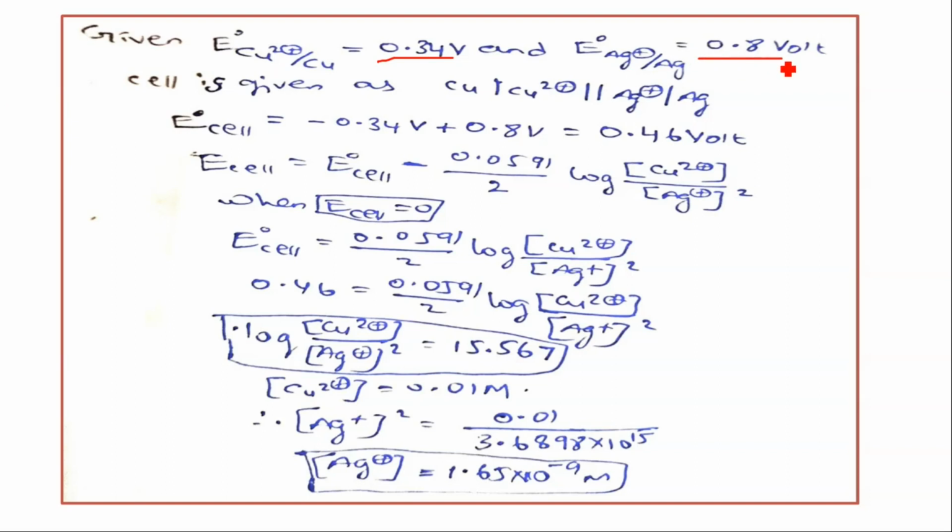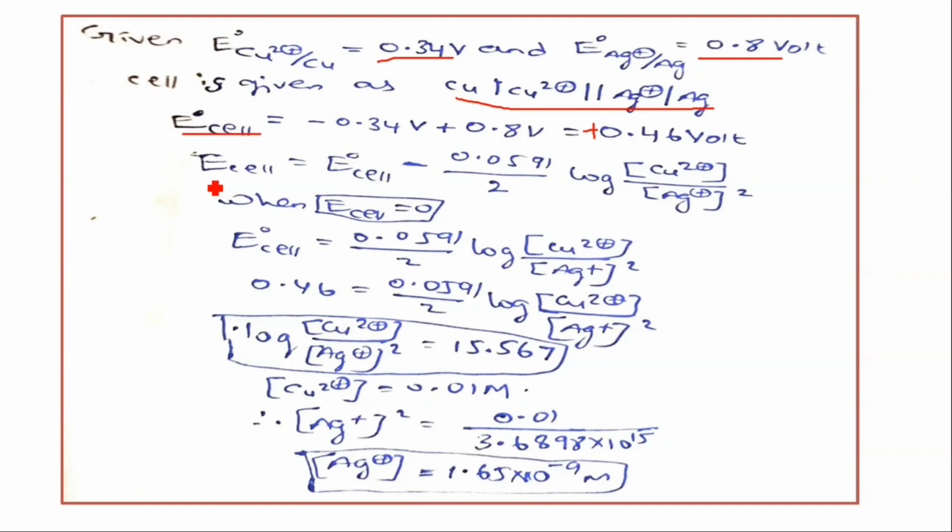The cell is copper in Cu2 plus, salt bridge, silver ion in contact with silver. Now calculate the standard EMF: minus 0.34 volt plus 0.8 volt. It is a positive value, plus 0.46 volt, the standard E cell. Now apply the Nernst equation.